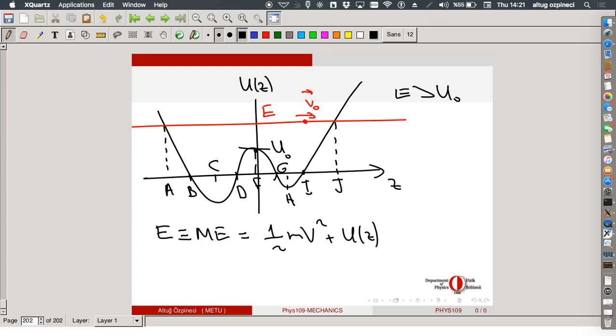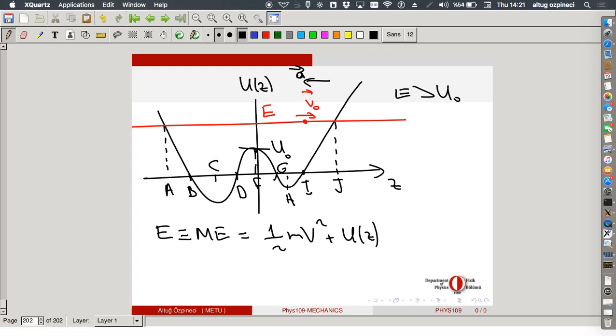If the kinetic energy is decreasing, what is the direction of the acceleration? The velocity is in that direction, so if the speed is decreasing, that means the velocity is increasing in the opposite direction. This is the change in the velocity, so the acceleration is in that direction. At this point, the velocity is in that direction, and this is the direction of acceleration.